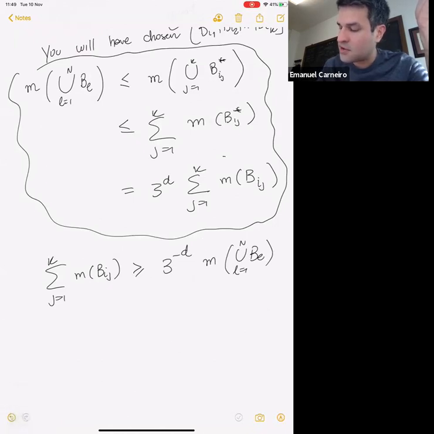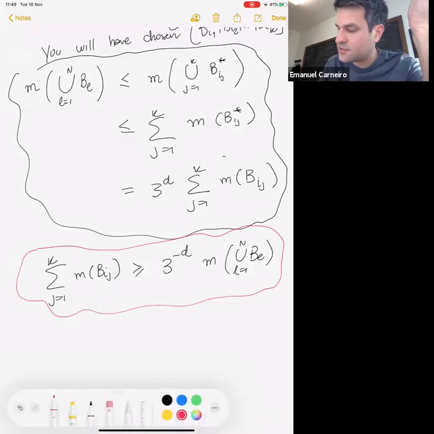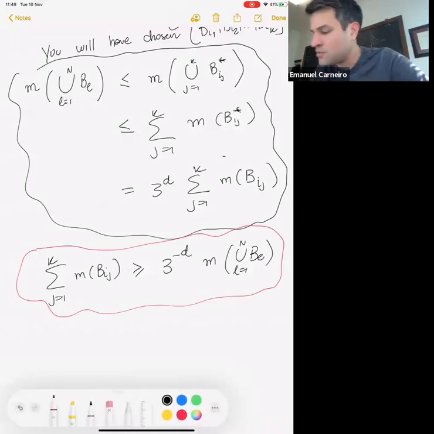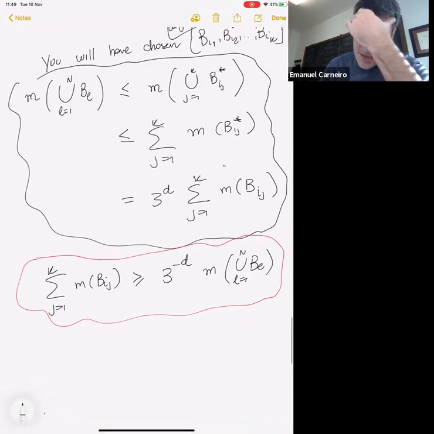Okay, so for any collection of balls, there will always be a subcollection that covers a universal portion. This universal portion is 3 to the minus D of the whole volume. 0.0001%, but we don't care, as you will see, okay? So this concludes the proof.